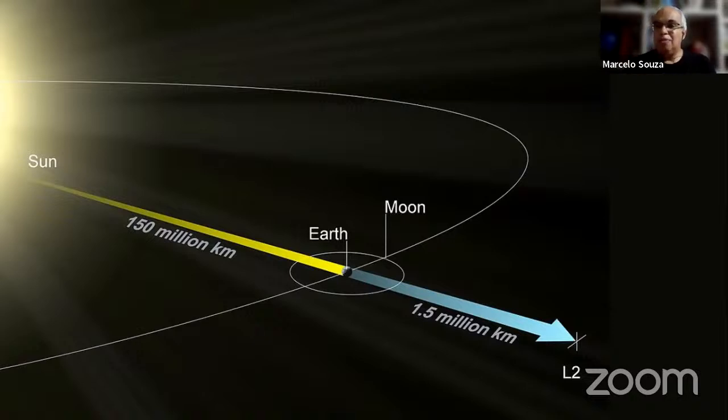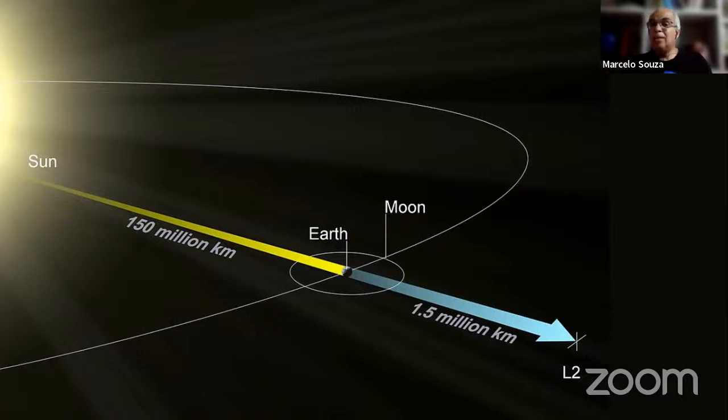For me, it's something that I always analyze. The launch of these rockets and the journey of the spaceship until it arrives at the position is something fantastic, because you have different gravitational fields coming from the Sun and from the Earth.